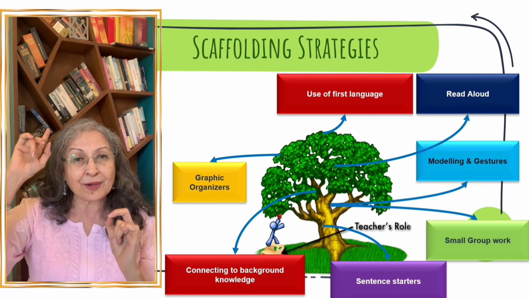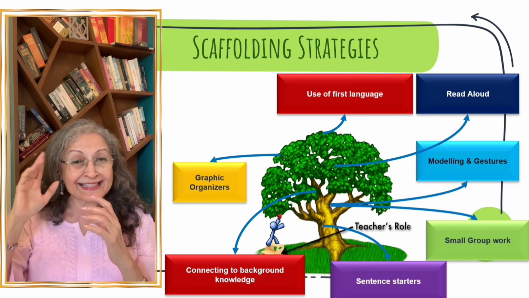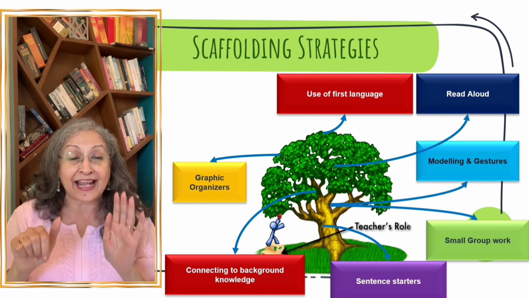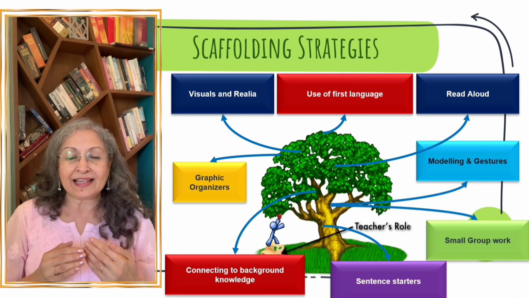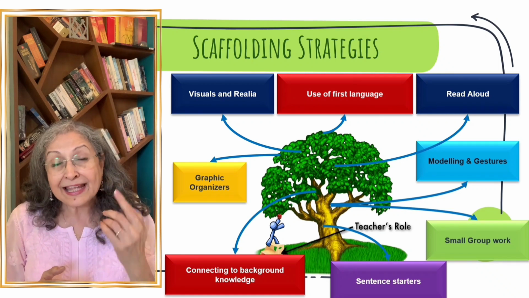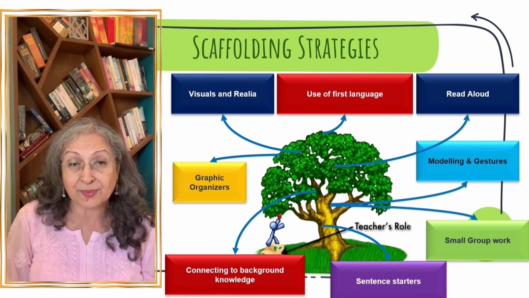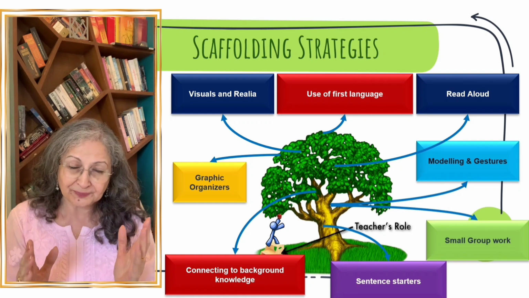We have an entire module on graphic organizers, and you might want to go back to that and see what we said for the 6 graphic organizers that Shikshangan actually recommends. Whenever we use visuals and realia, particularly for teaching vocabulary, we have another module on vocabulary, and you might want to go back to that as well and see how you can make vocabulary visual.